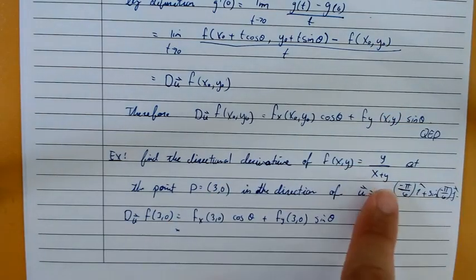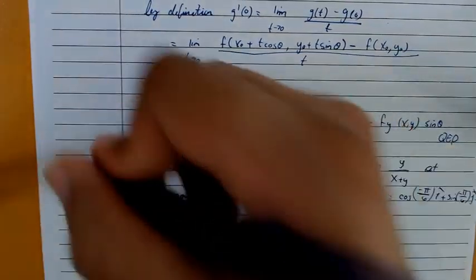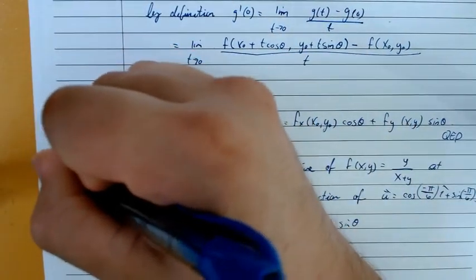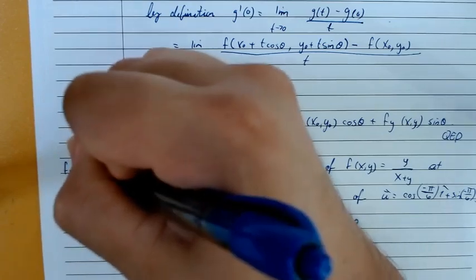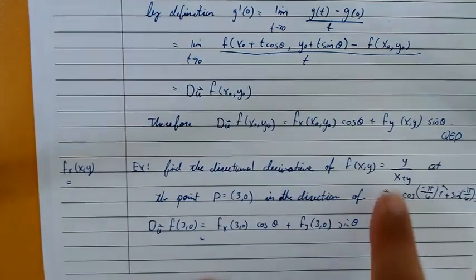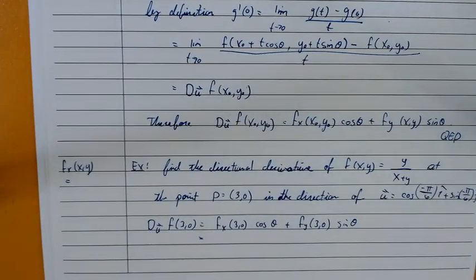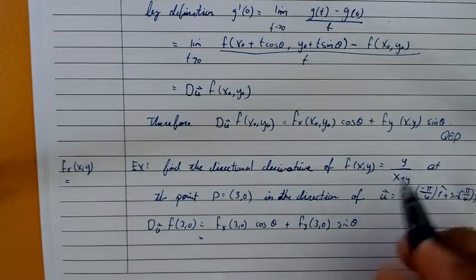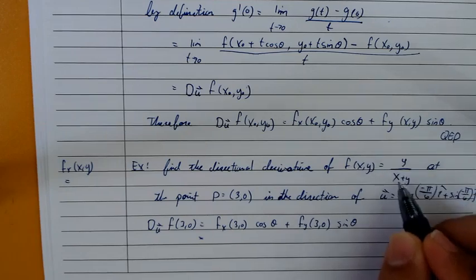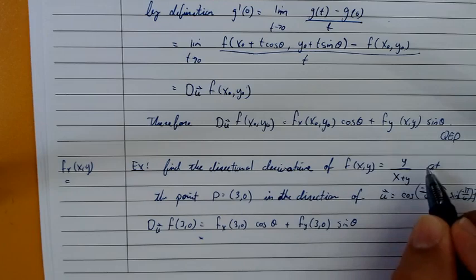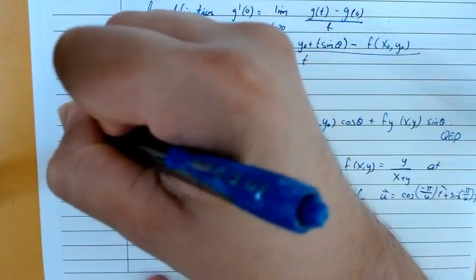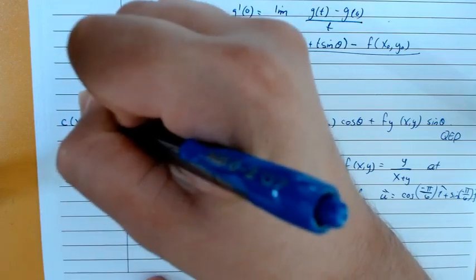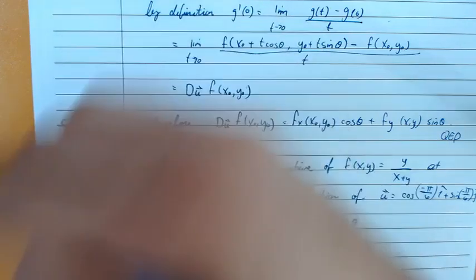Okay, well we can find all of these. Let me go and do this off to the side. If I take the partial with respect to x of f at x comma y, that's going to equal taking the derivative of this with respect to x. Note that y is a constant. So this would be like saying I'm going to take the derivative of a constant times x plus a constant to the negative first power.